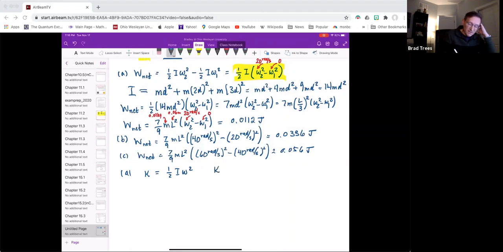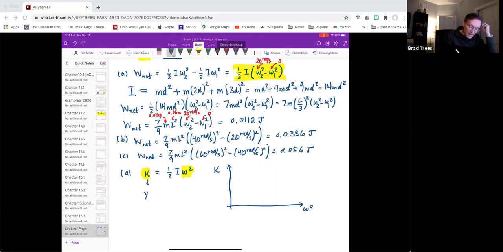So if I were to make a sketch of kinetic energy versus, no, the square of rotation rate, I beg your pardon, then if I plot K on the y-axis and omega squared on the x-axis, it's kind of like playing the match game in lab.